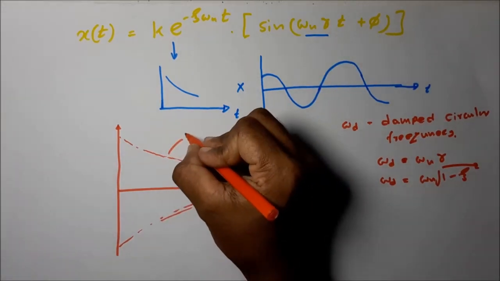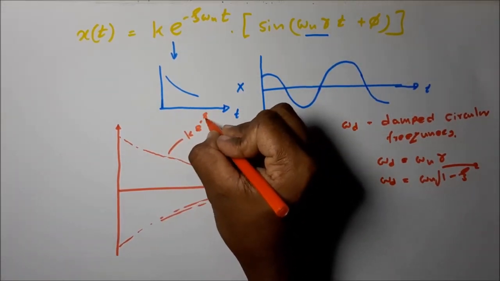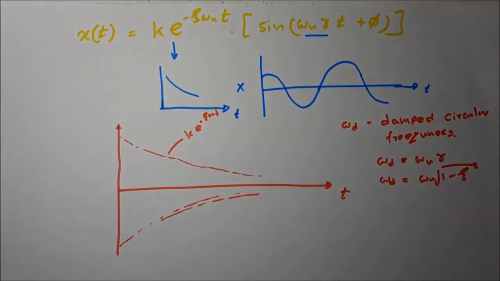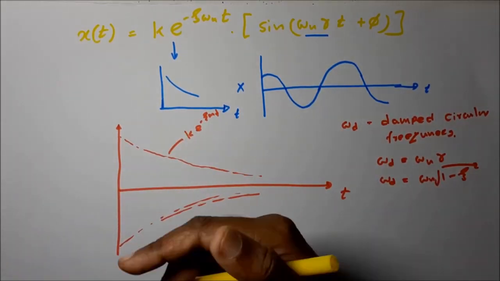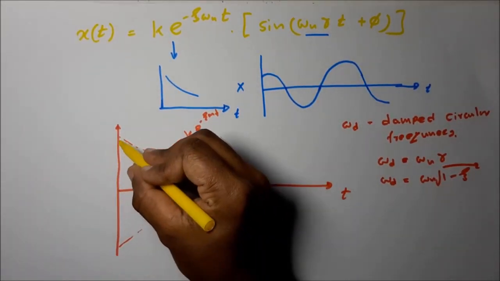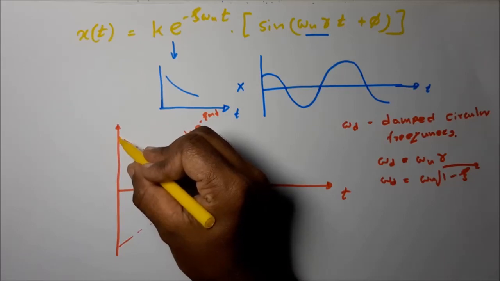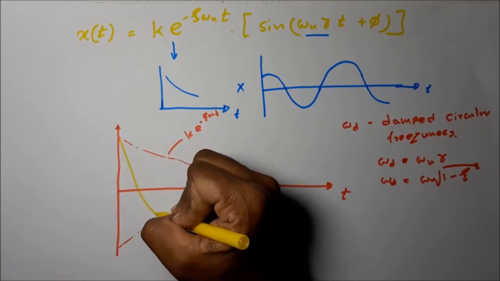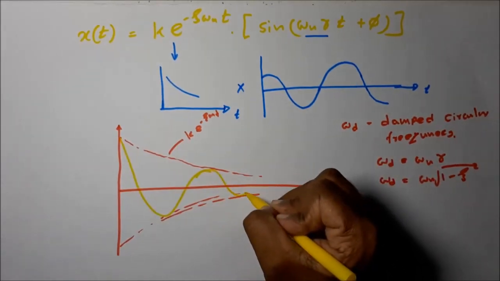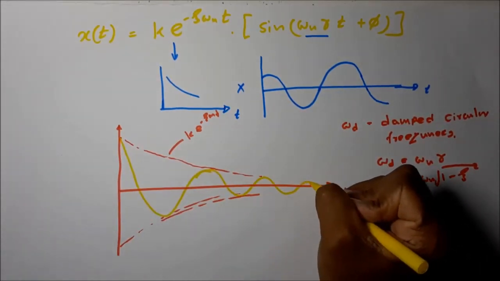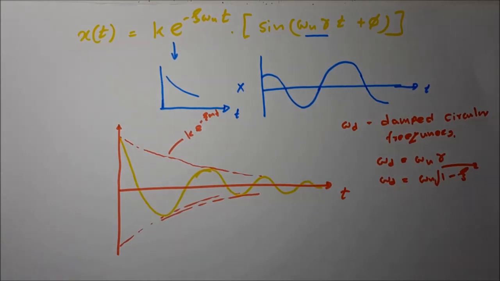This is k e^(-ζωn t), and we have this sine function inside it. If we multiply this, finally we get this kind of shape. The periodic time should be uniform, but okay.